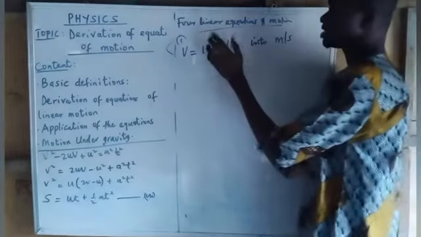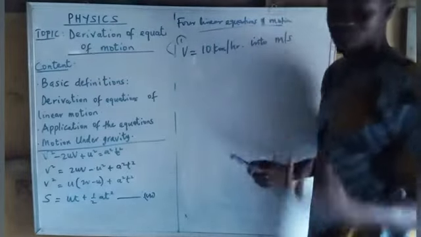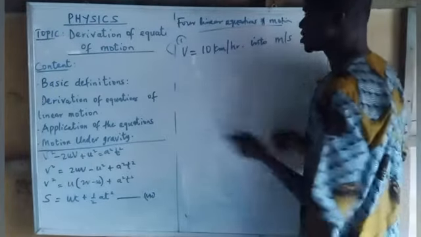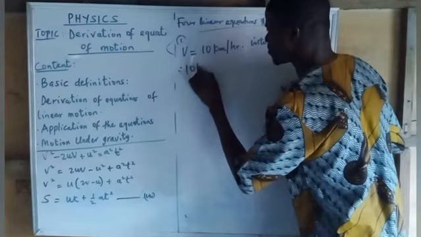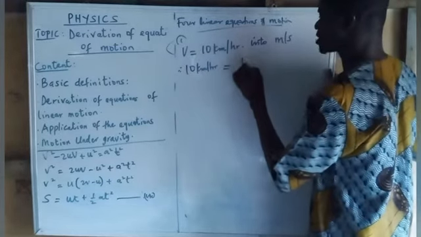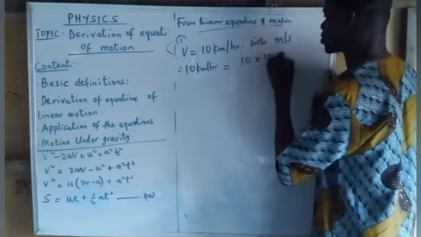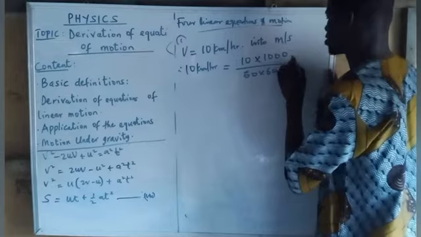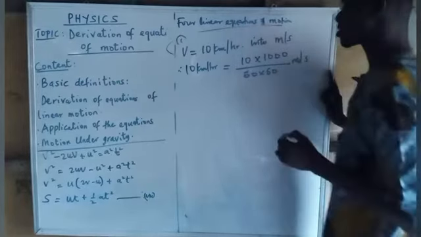So if you are converting 10 kilometers per hour to meters per second, it is very easy. Just multiply by 1,000 and divide by 3600. So therefore, our 10 kilometers per hour in meters per second is going to give us 10 times 1,000 divided by 60 times 60. That is what? The conversion in meters per second.